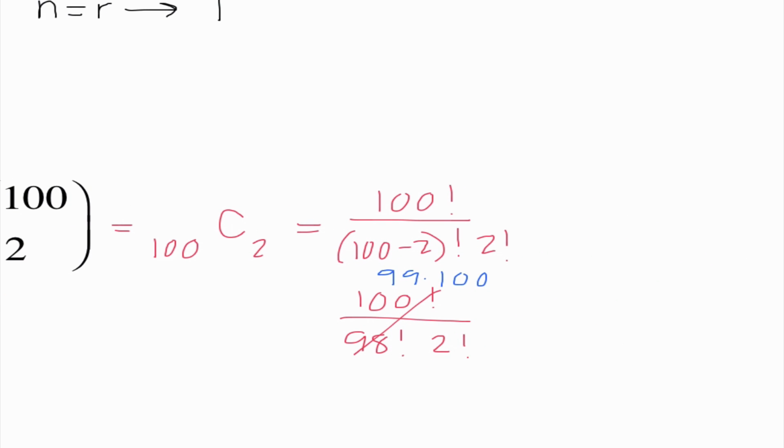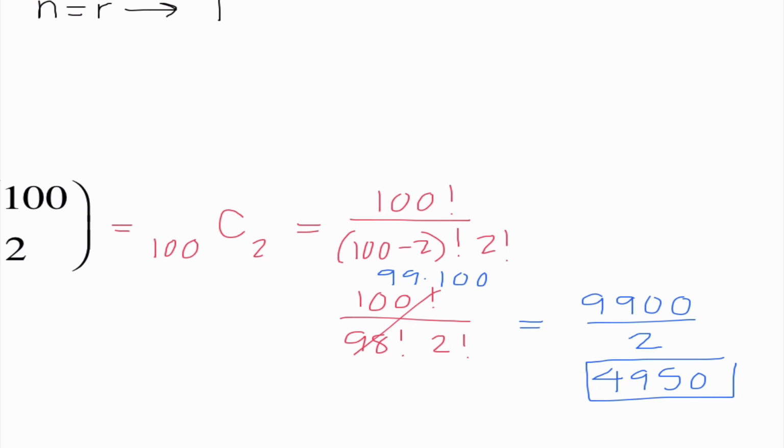So I have 9,900 divided by 2, and 9,900 divided by 2 is 4950. So that's how we go about finding those binomial coefficients.